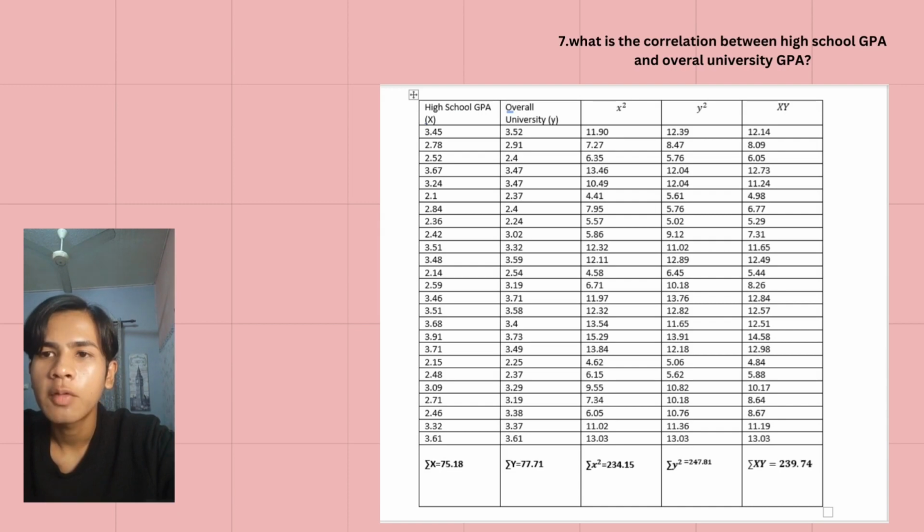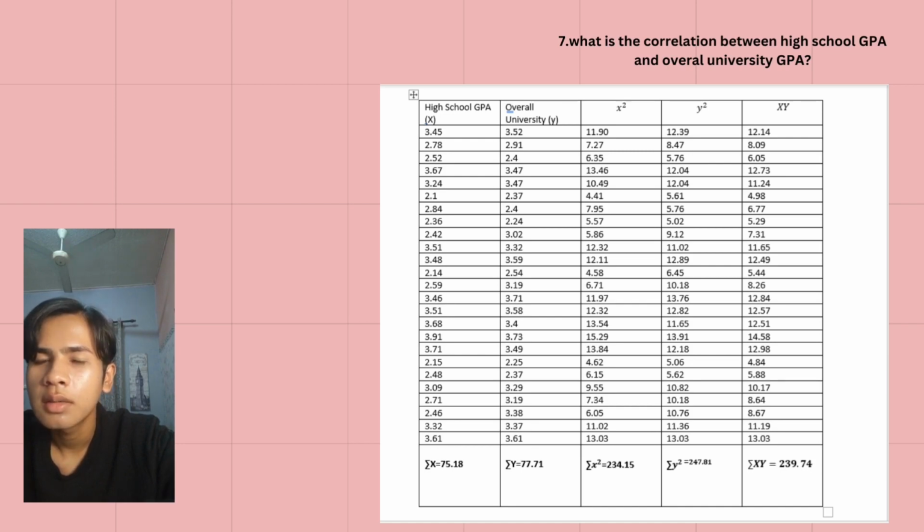And for question 7, what is the correlation between high school GPA and the overall university GPA? The total of high school GPA is 75.18, and the total for university is 77.71.